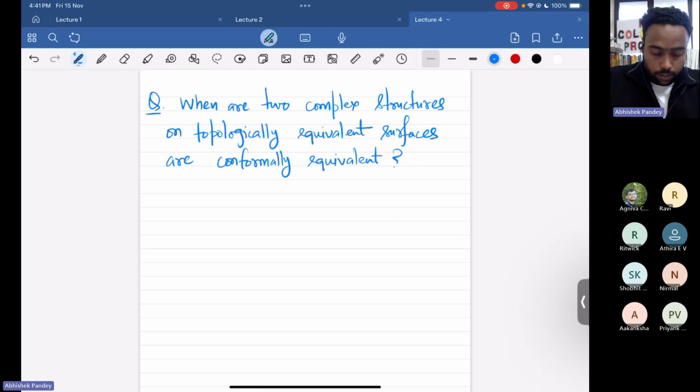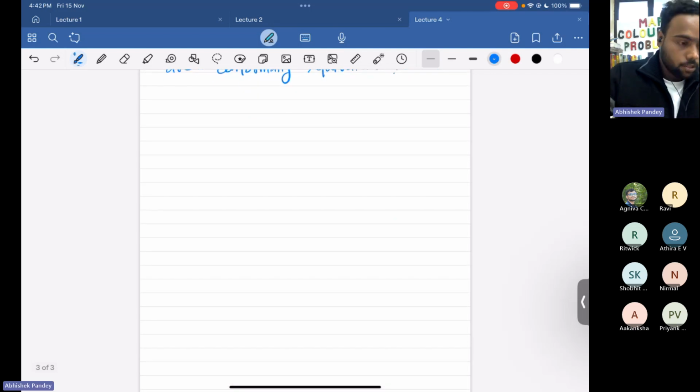Conformally equivalent means we have a biholomorphic map between them. So we'll see this problem for the torus.